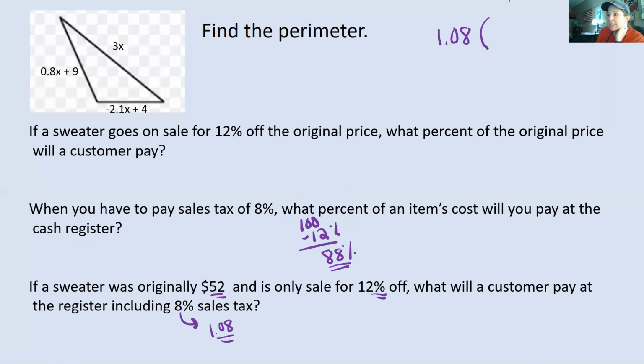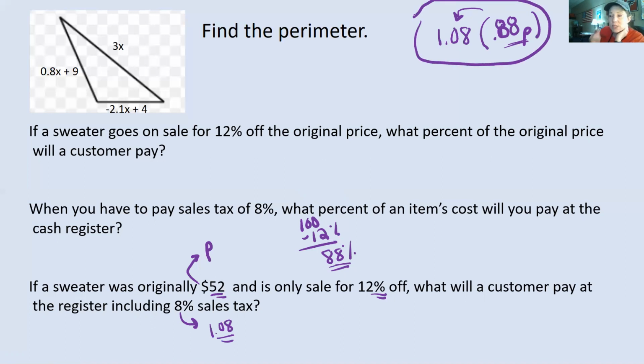The sale price is going to be our, let's call this P. Let's pretend for a second we don't know what the original cost is. We're going to pay, excuse me, not 12, 88% of the original price. And then when we get that answer, we're going to multiply it by 1.08 because that's paying 108% of it.